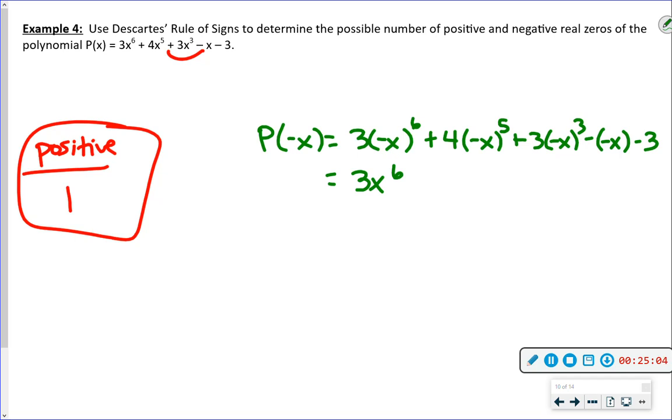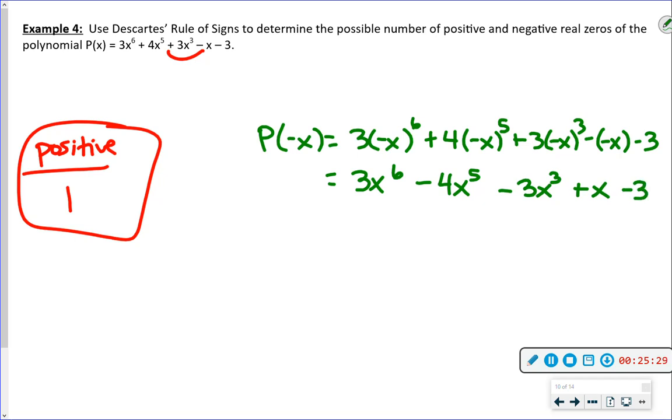Five negatives makes a negative, so I'm going to have minus 4x to the 5th. Three negatives makes a negative. Minus a negative, minus 3 is minus 3.